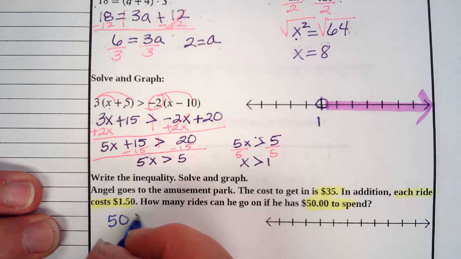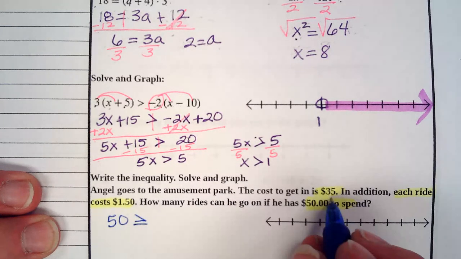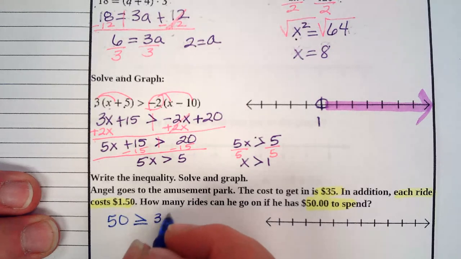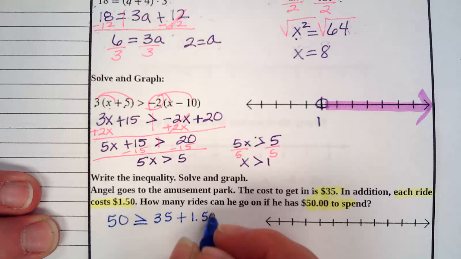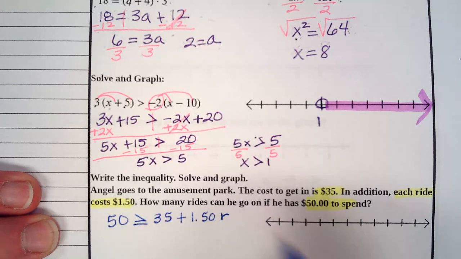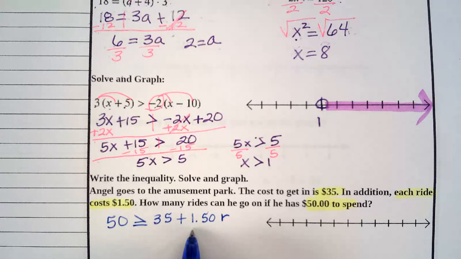It has to be greater than or equal to $35 is going to cost him to get in, plus $1.50 per ride. Any questions? This side has the total cost. This has how much money he can spend.